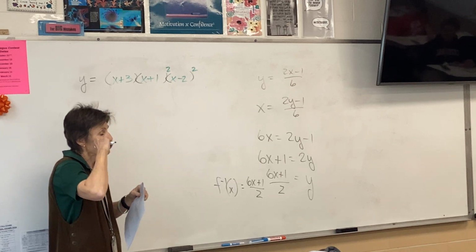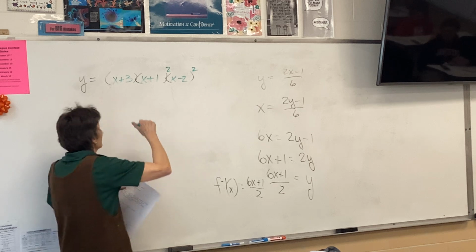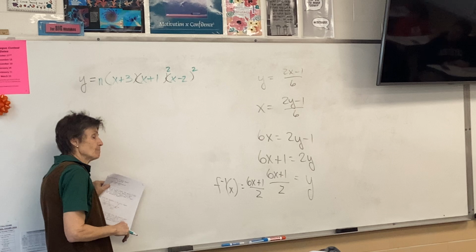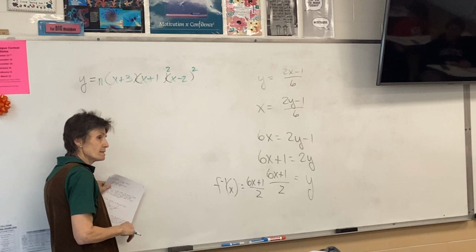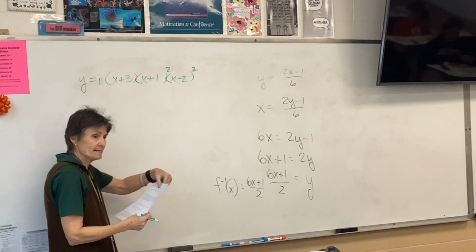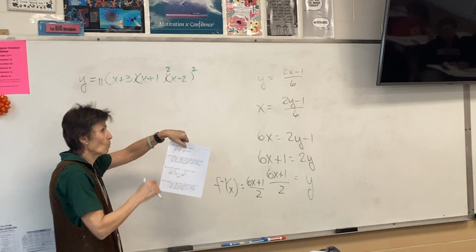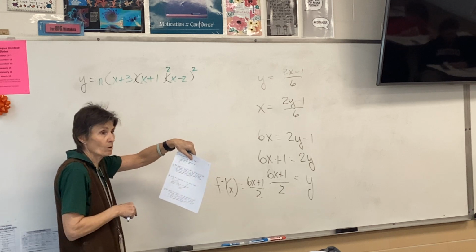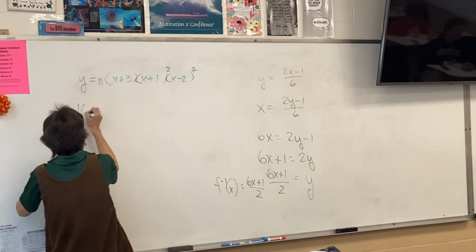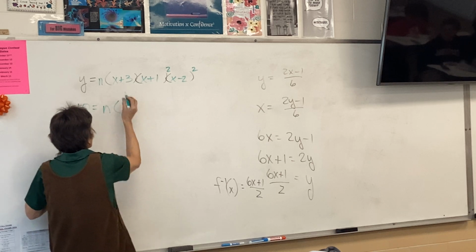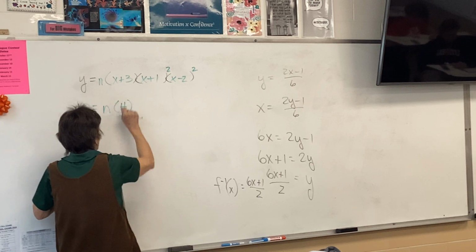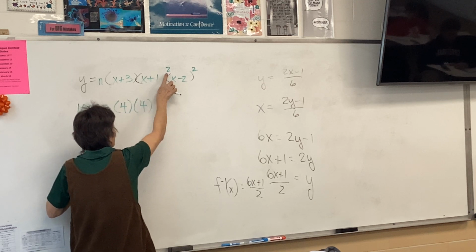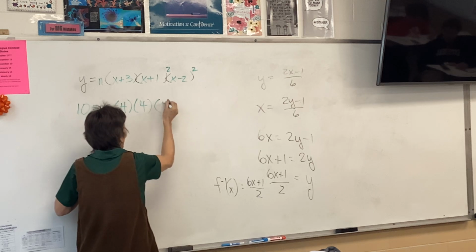One more thing, there is some number n out in front. I don't know what it is, but I'm going to find it by plugging 1 in for x and 10 in for y. So 10 equals n times (1 plus 3), times (1 plus 1) squared, times (1 minus 2) squared.